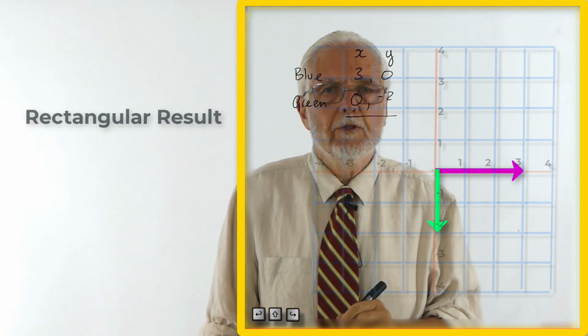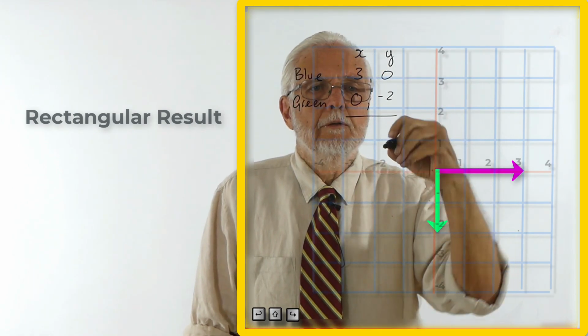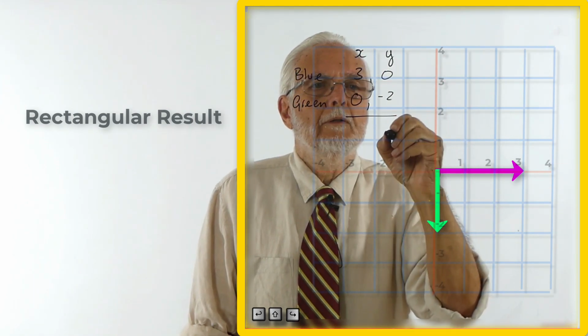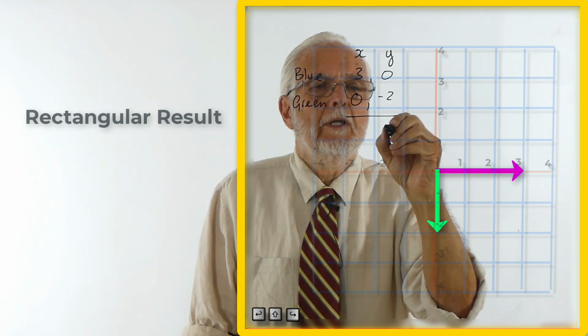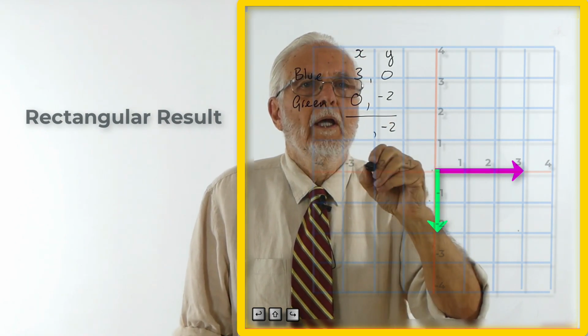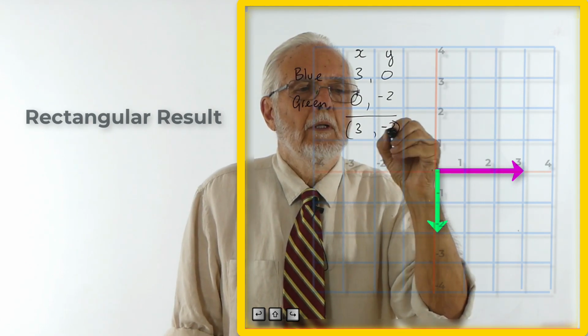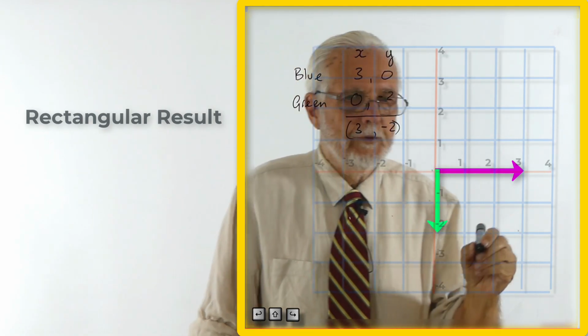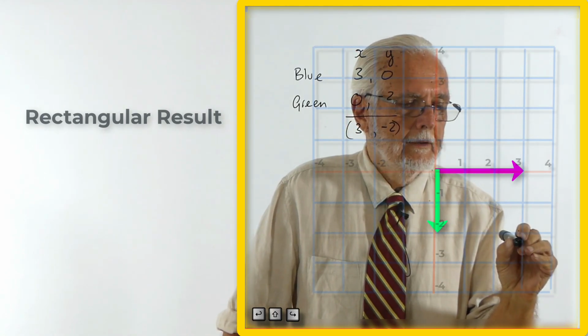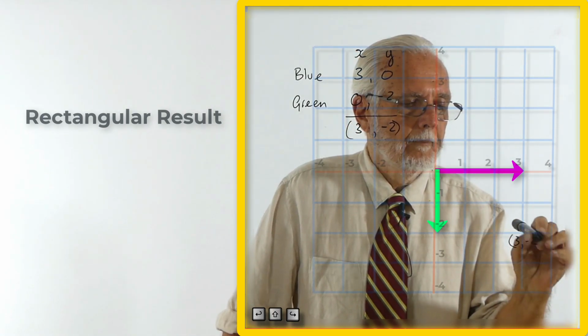The rectangular result is the addition of those two sets of numbers. So y is 0 and negative 2, which is negative 2, and x is 3 plus 0, or 3. We can place that result in the correct position, 3, negative 2.